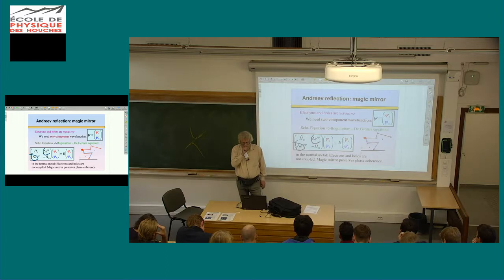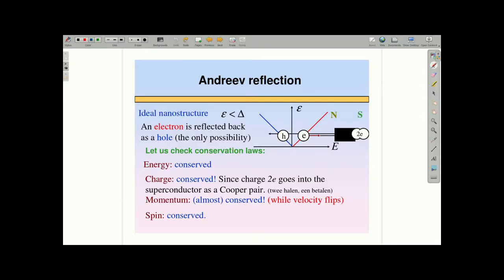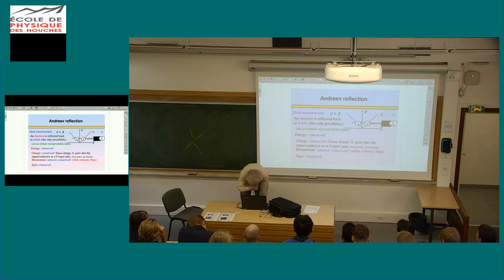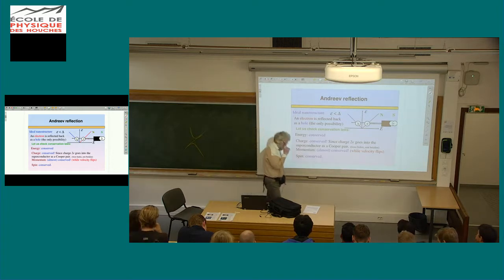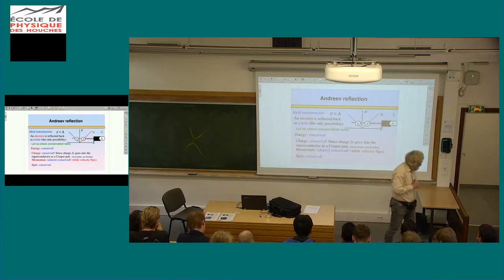Because if we go back another slide, the current over this interface is only conserved if I take hole and electron on one side as a current and the supercurrent on the other side. I cannot think about the electron coming first, because this is just a current of one charge, and after that I would generate charge.